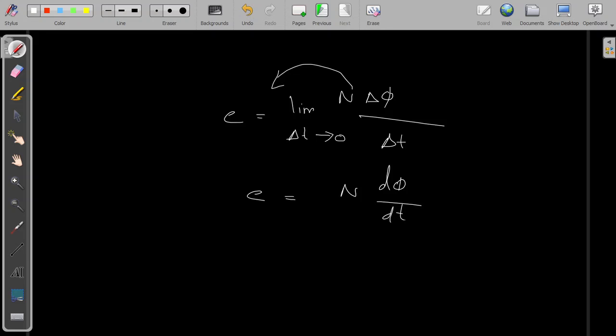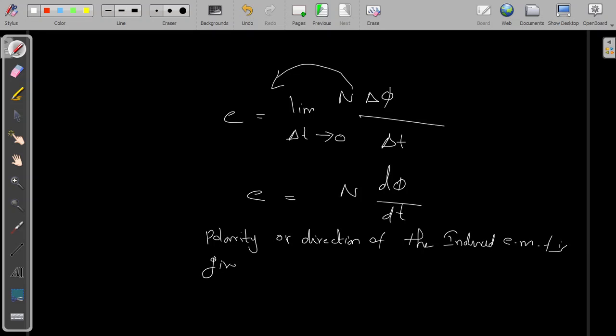So the polarity or direction of the induced EMF is given by another law, which is known as Lenz's law.